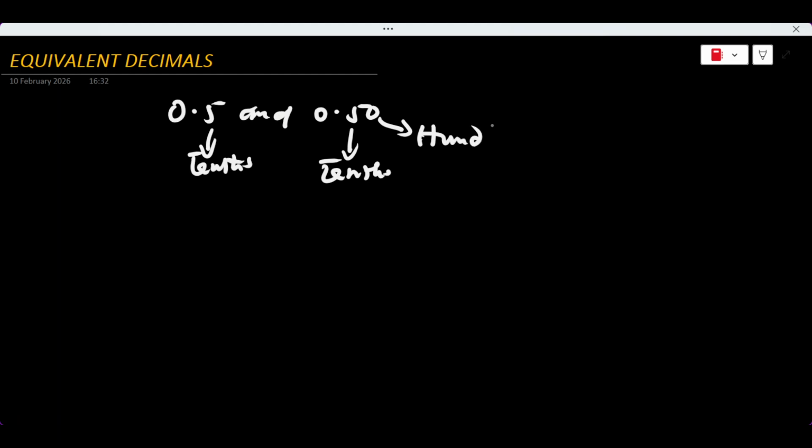Hundredths place. And since the 5 here and the 5 here have the same place value, adding extra zeros does not change the value. Therefore, 0.5 is equivalent to what? 0.50. Alright, let's look at another example.